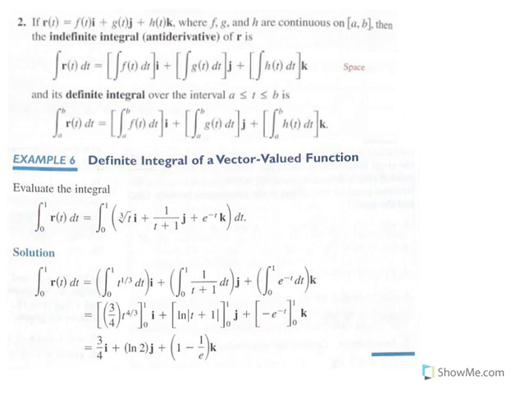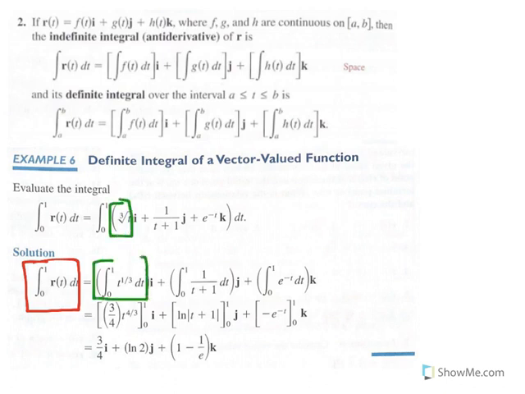Our component function for i is the cube root of t. When you want to evaluate the definite integral of the vector-valued function, you evaluate the definite integral of each of the 3 component functions.